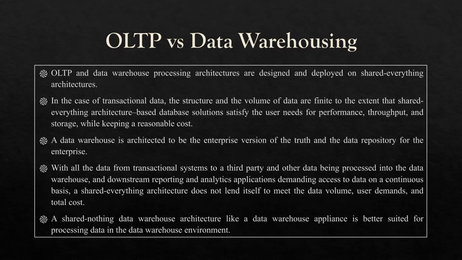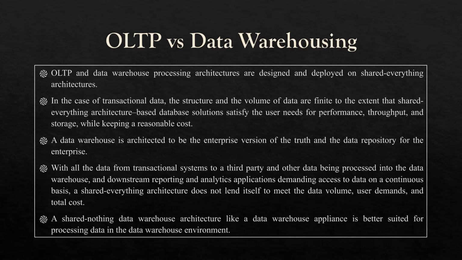There are two architectures that are designed and deployed on shared everything architectures, which are OLTP, online transaction processing, and the second one is the data warehouse processing. Okay, the data warehouse is architected to be the enterprise version of the truth and the data repository for the enterprise.